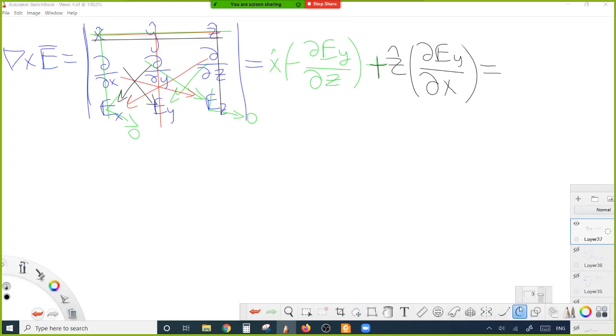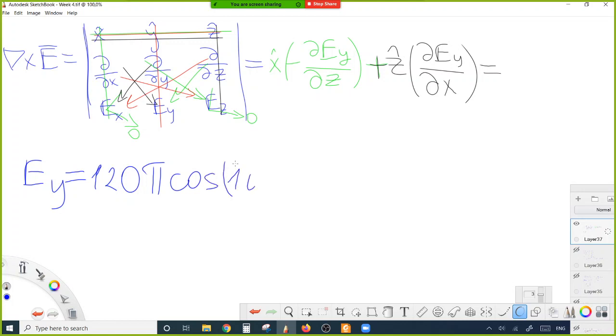So first, let's take a quick look at the component Ey, which is equal to 120 p cosine(10^6 pt minus beta x).